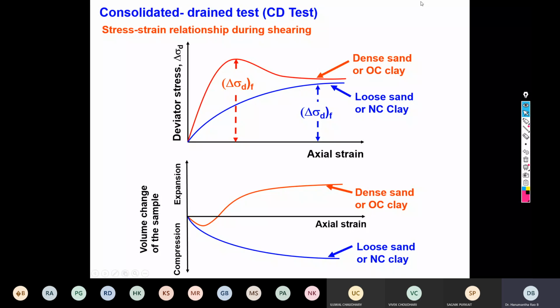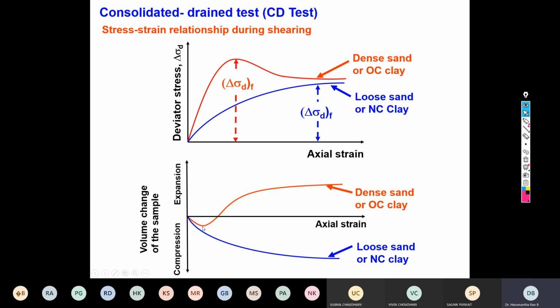So when the sample is in its fully dense state, initially when you apply a small amount of deviatoric stress, the sample tries to get compressed. It is not a rearrangement, because when you say dense sand, the particles are already arranged. But there is a small compression possible.